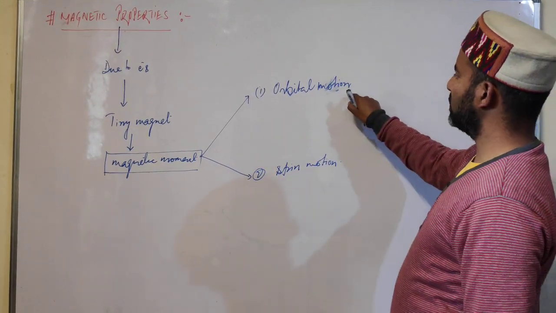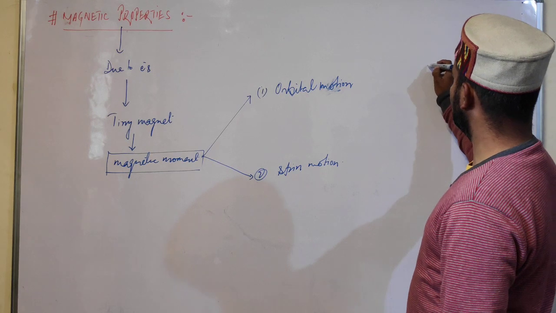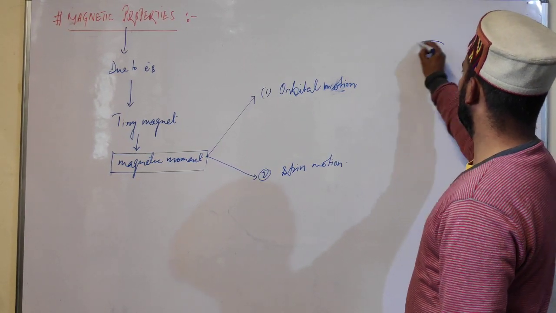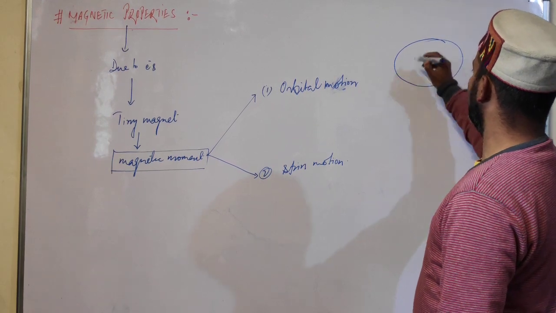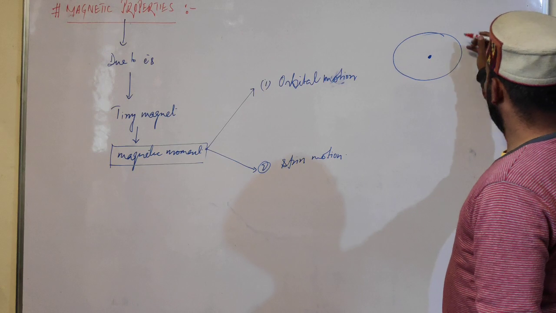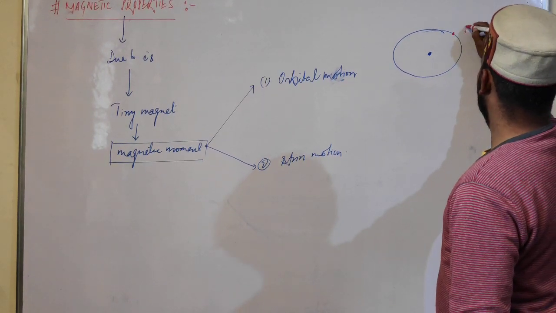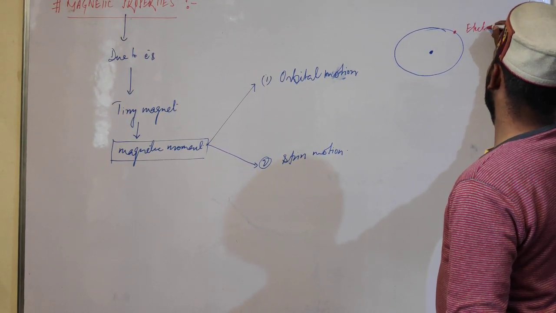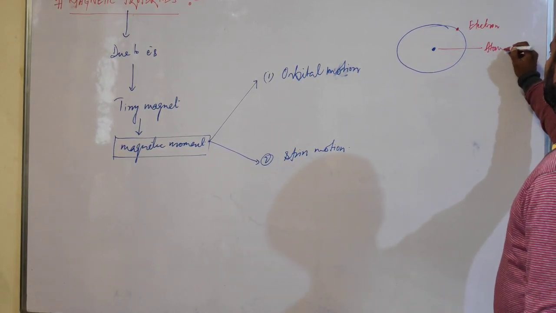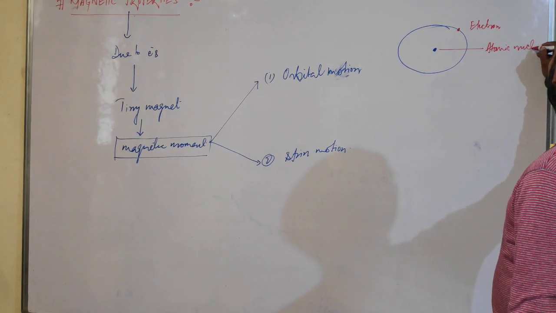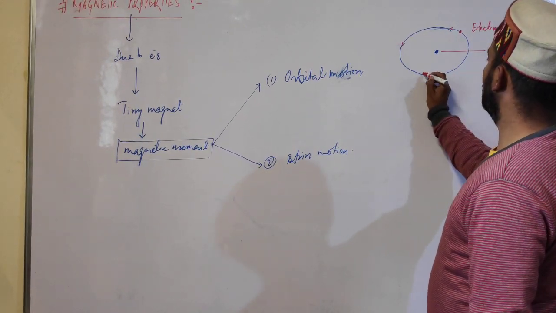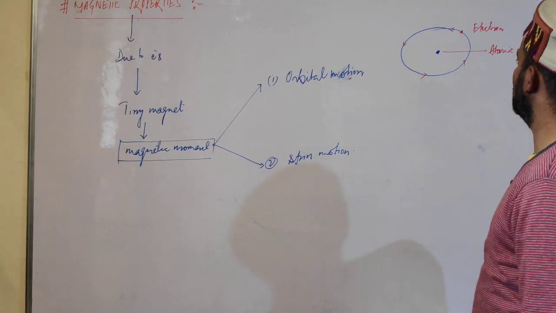Now students, what happens in orbital motion is that, say if this is the nucleus, then we know that electrons revolve around the nucleus in a well defined circular path. Now students, say if this is an electron, and this is the atomic nucleus. So students, we know that electrons revolve around the nucleus in a well defined circular path.